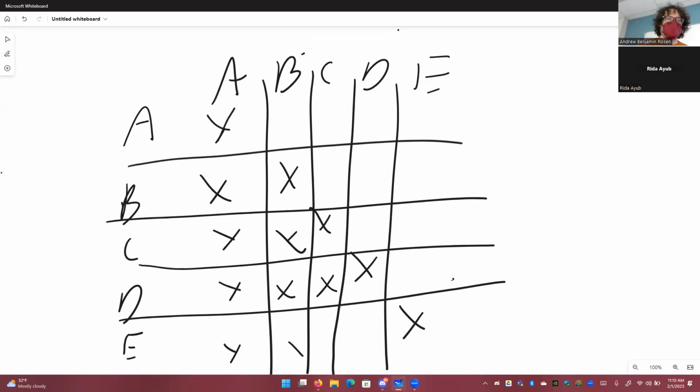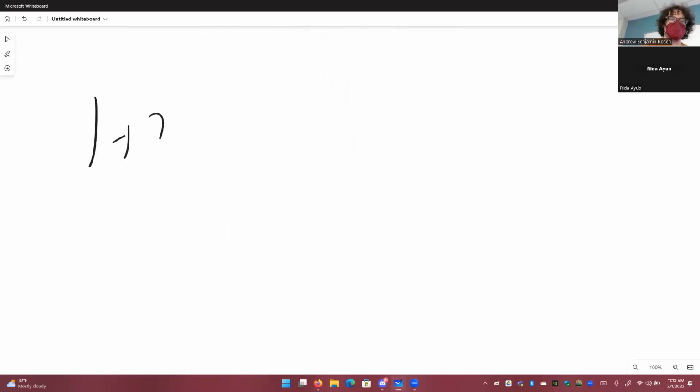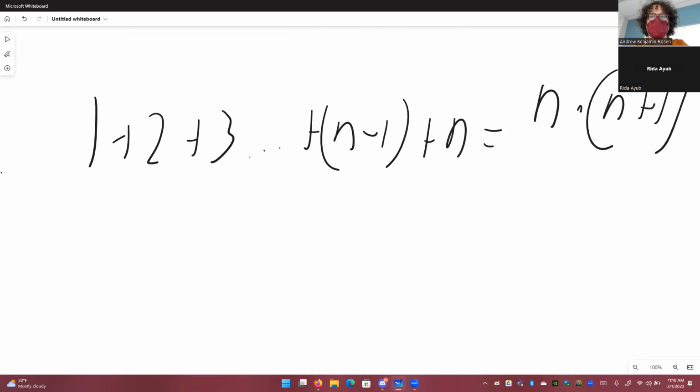What it comes down to is that this equation, 1 plus 2 plus 3, all the way to n minus 1 plus n, converges to n times n plus 1 over 2. That is what it converges to. So, how? Well, we can prove this mathematically through a process known as induction.